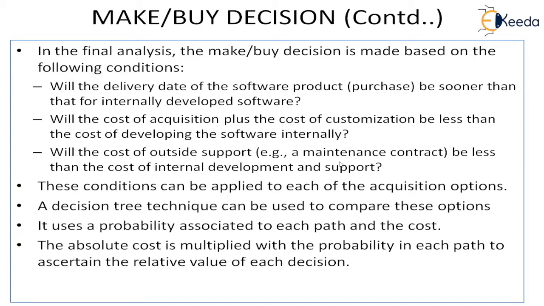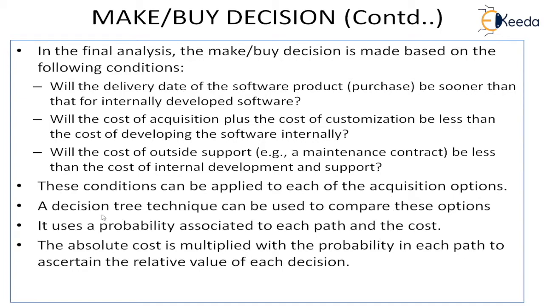Because once you buy, you will also go into a maintenance contract. So both these costs together, whether they are less than your development and support cost. These conditions can be applied to each of the acquisition options. So we can make that table.